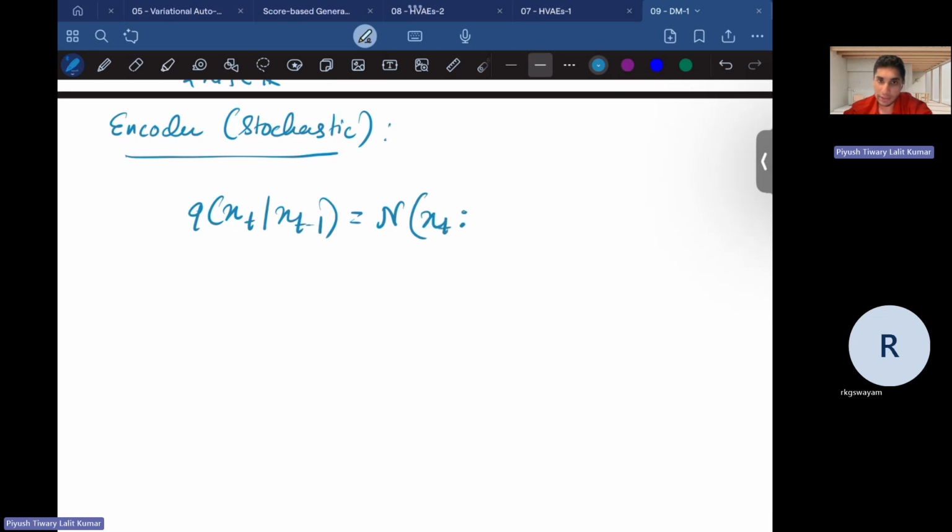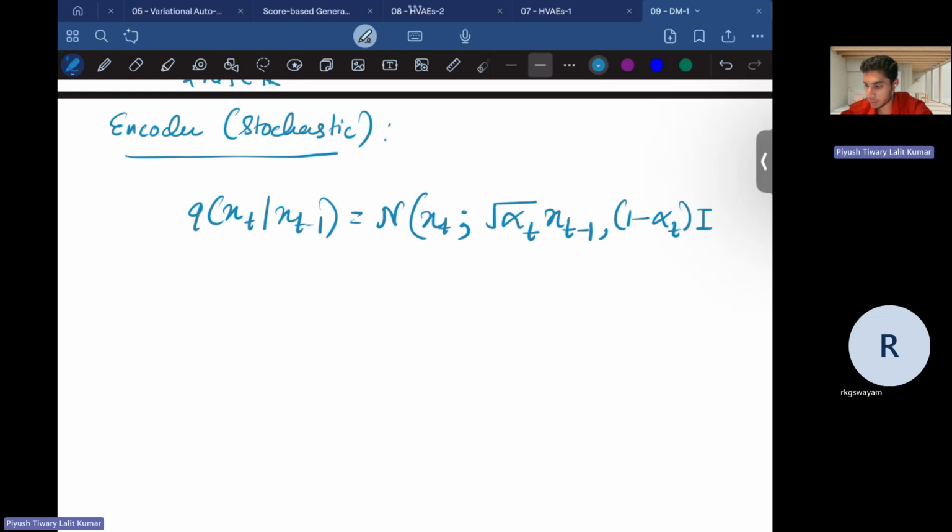What are the means and variances of this Gaussian distribution? Well, here is where the parameters will come in. Alpha t is a parameter: root alpha t xt minus 1, comma 1 minus alpha t I. This is how the encoder is defined.